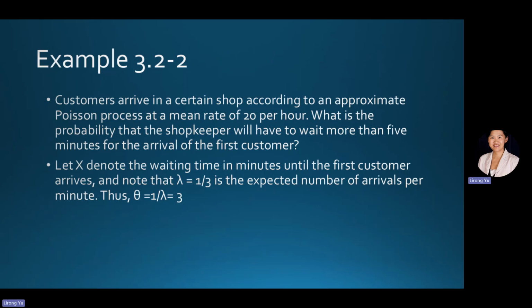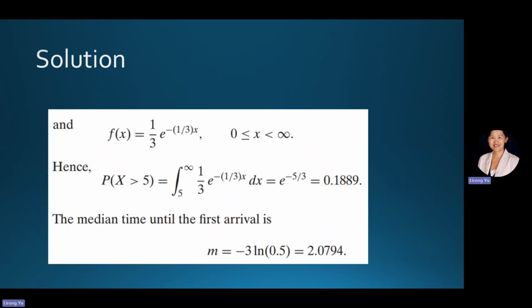So I have lambda for the Poisson distribution, therefore theta equals 3, which means an average of 3 minutes. The average waiting time for the first occurrence is 3 minutes. So with 20 customers per hour, the waiting time for one customer is 3 minutes. That's how we come to understand theta and lambda. Right, so we now have a density function.